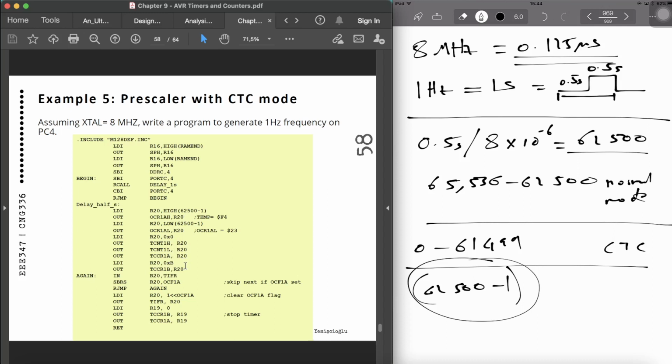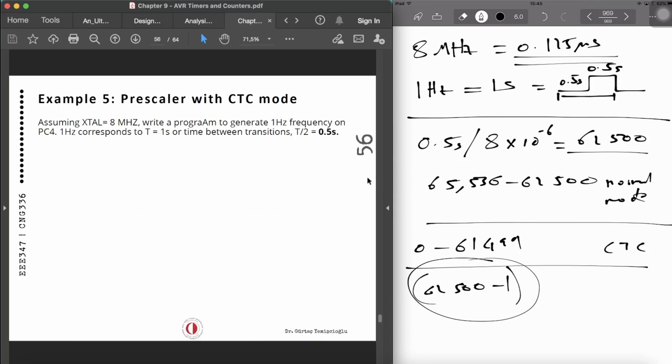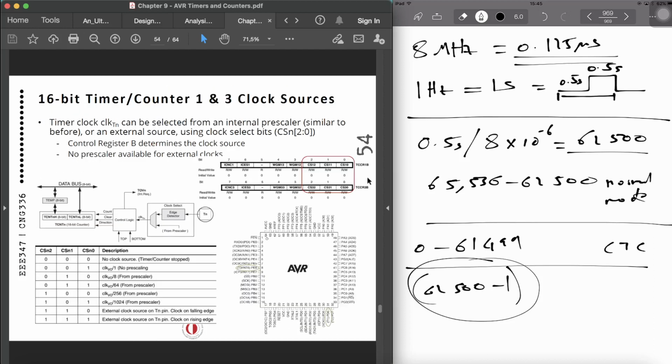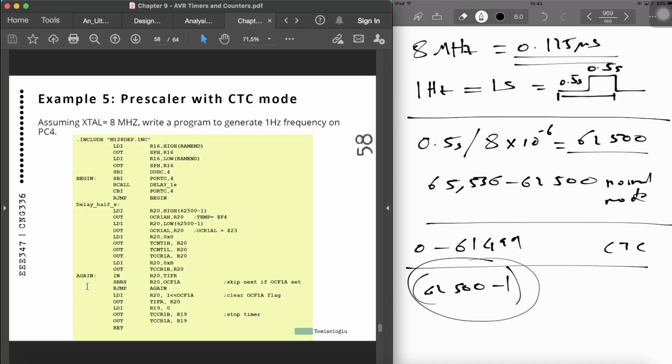TCCR1B, we are using here 1B, and it has to be configured so that it's in CTC mode, and we have got a Prescaler of 64. So if I go back, Prescaler 64 is 011 in TCCR1B. That's why this is configured as 0B, 1011.